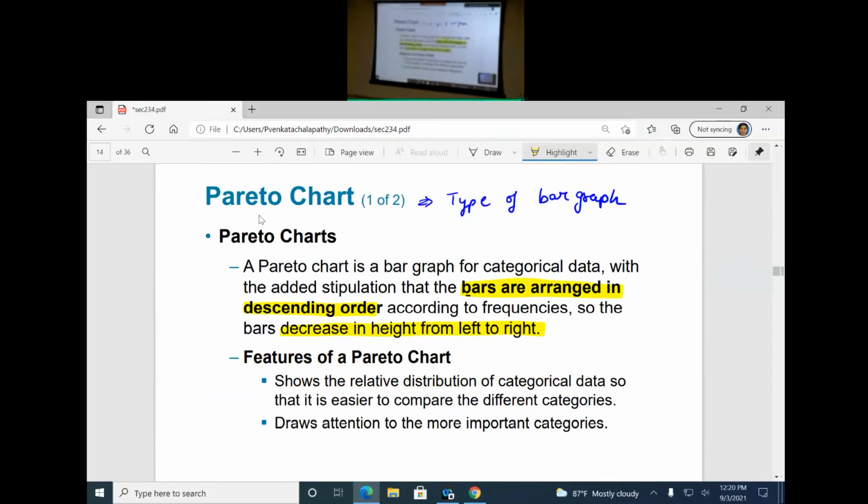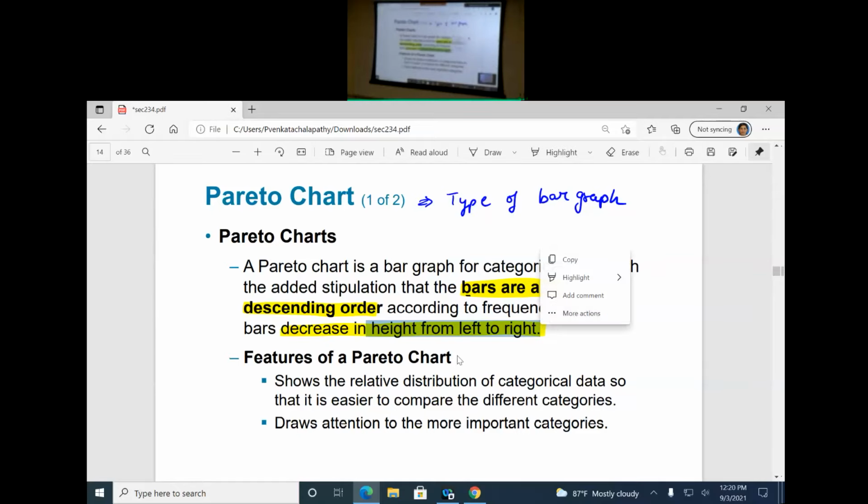Next is your Pareto chart, which is also a bar graph. It's one type of bar graph. Here, the only difference is that it is arranged in an order. So your graph looks like decrease in the height from highest to lowest.